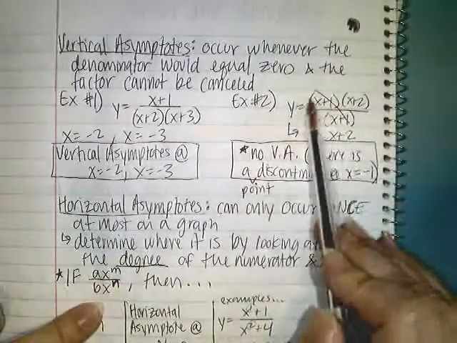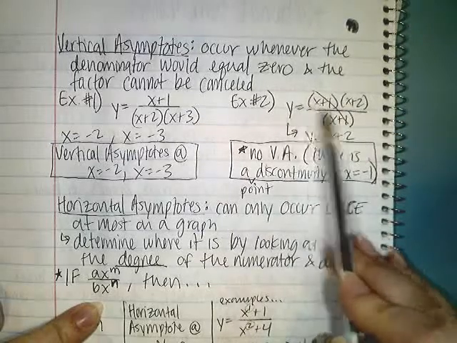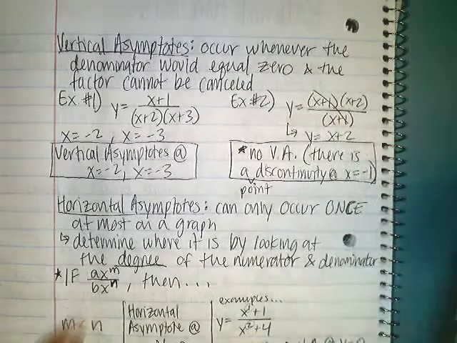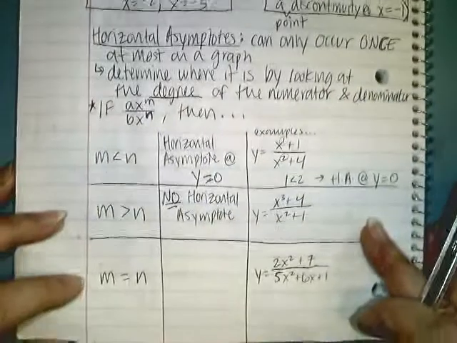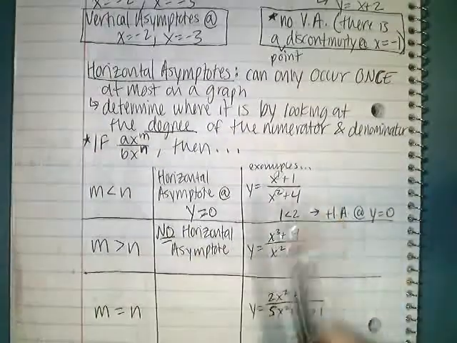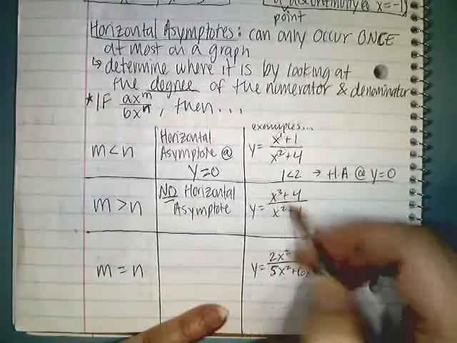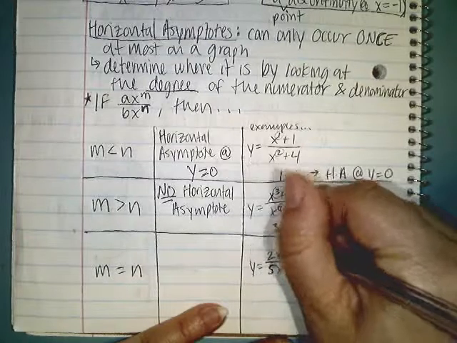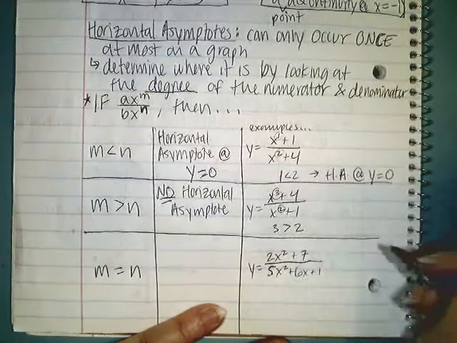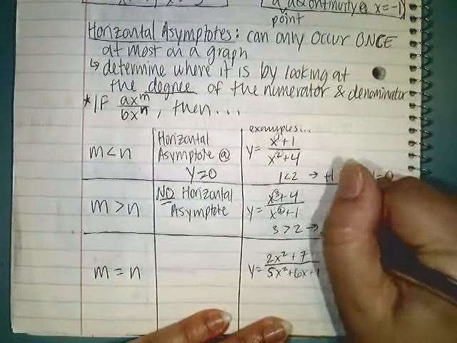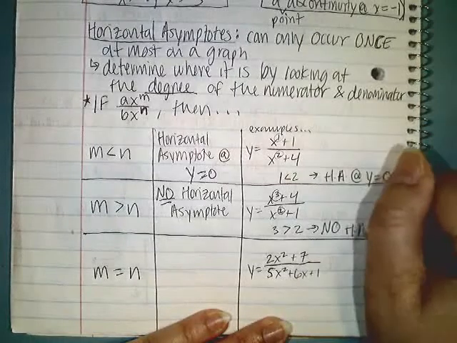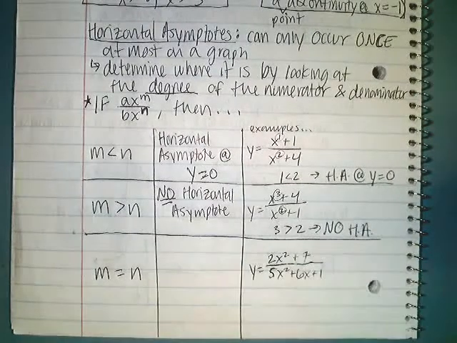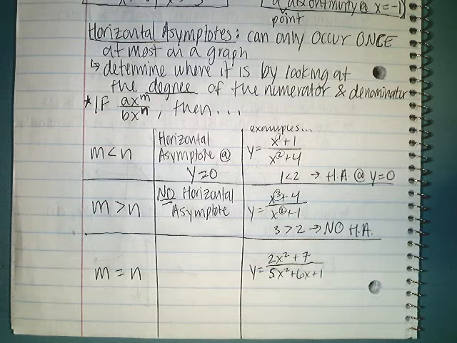In this example, I had a degree of 2 because I had 2 x's versus 1, and I'm able to cancel 1 x. So if your degree in the numerator is greater than the denominator, so in this case, 3 is greater than 2, there is no horizontal asymptote.